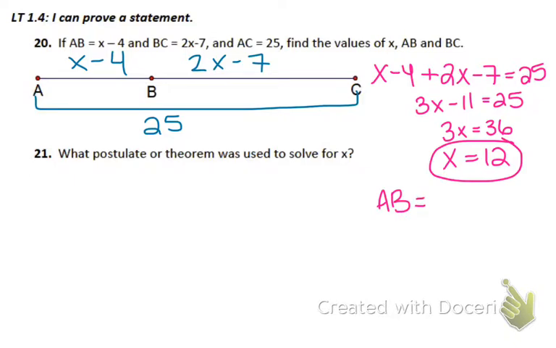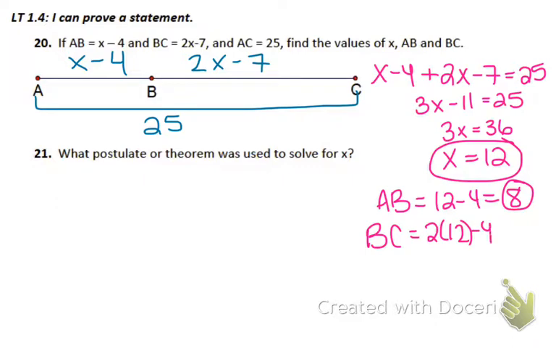So AB is x minus 4, so 12 minus 4 is 8. BC is 2x minus 7, so 2 times 12, not minus 4, minus 7. I was going to say, it doesn't work. Let's try that again. So 2 times 12 minus 7, so that's 24, minus 7 is 17.